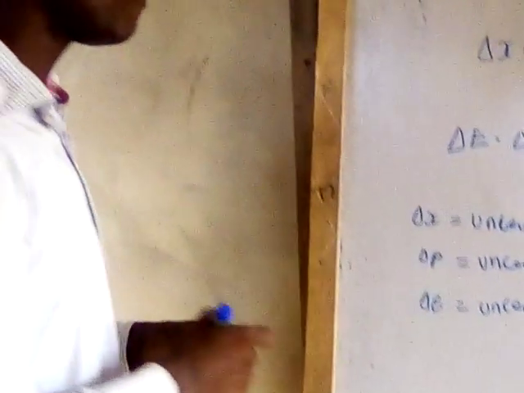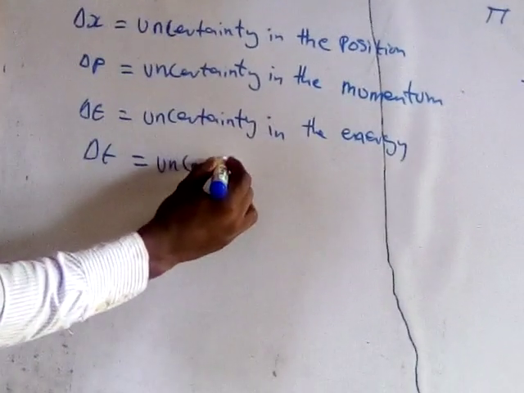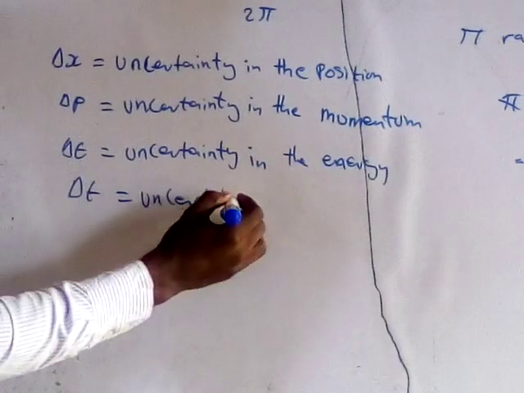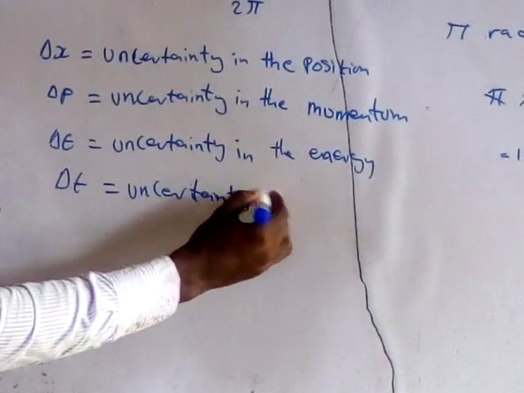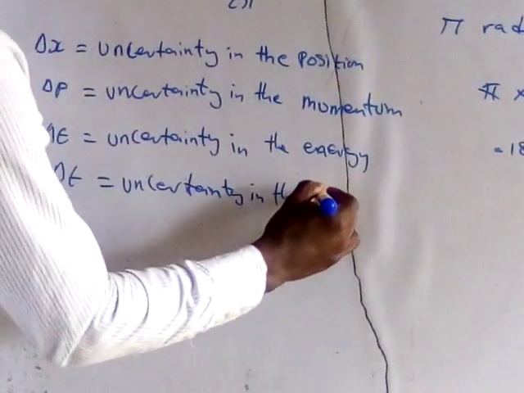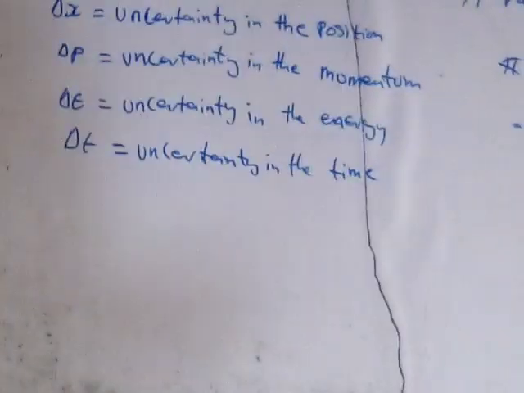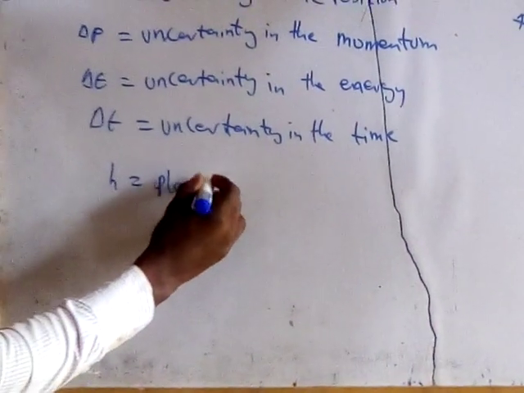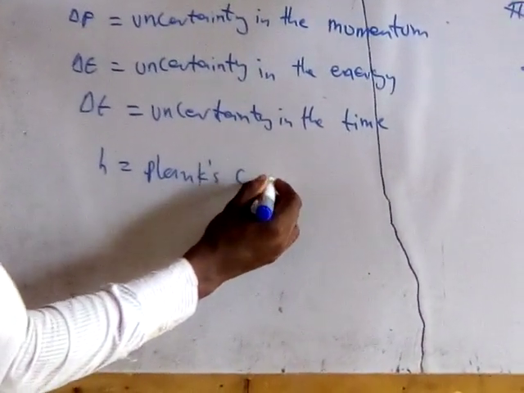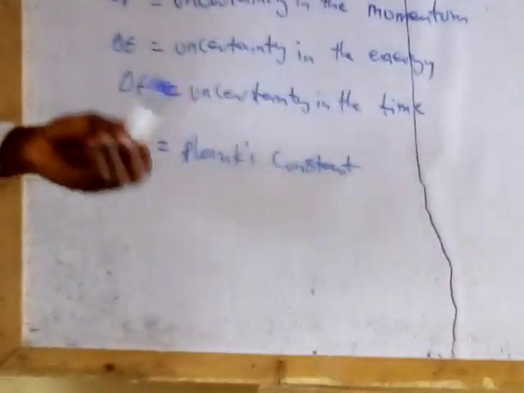And then we have also change in t as uncertainty in the time. We have another one left, and that is h. So this h refers to the Planck constant. So it refers to Planck's constant.